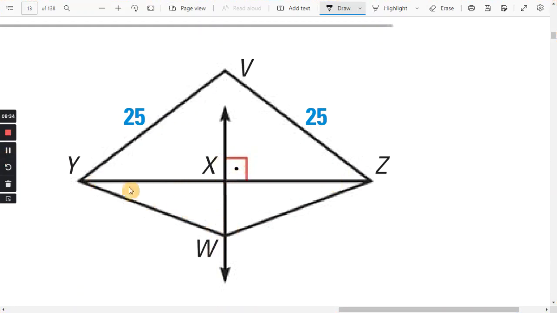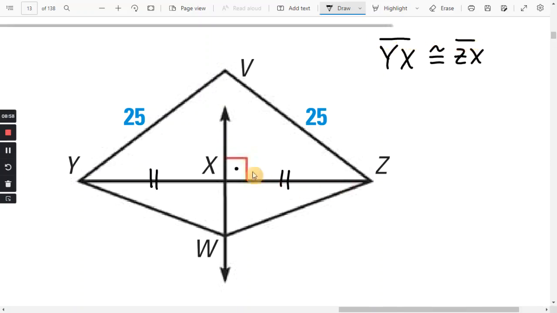And if it bisects this right here, that means this has to match that. So YX equals ZX, or we can say YX is congruent to ZX. Basically the same thing.